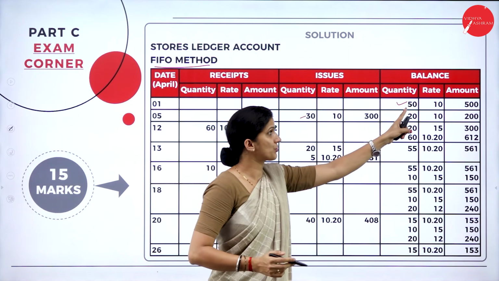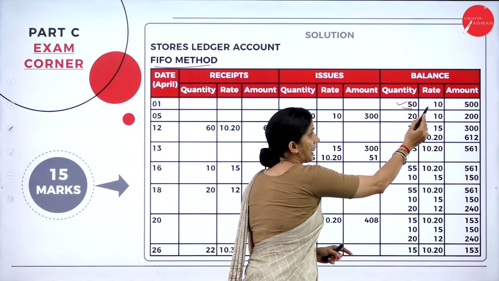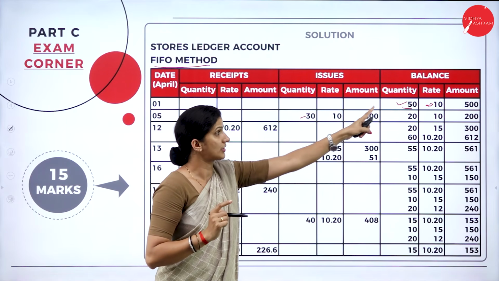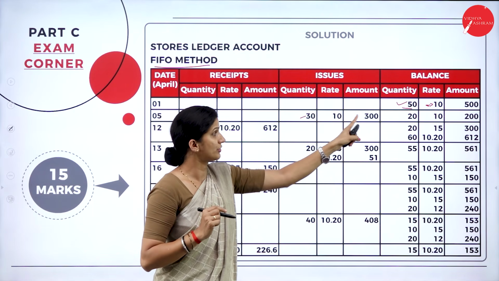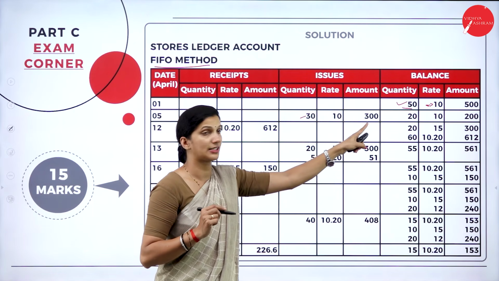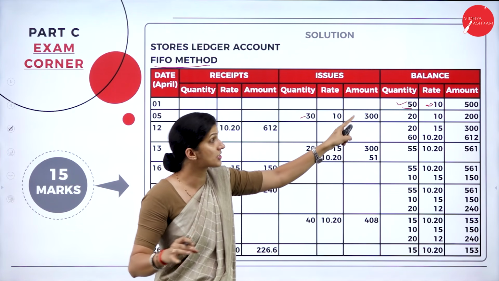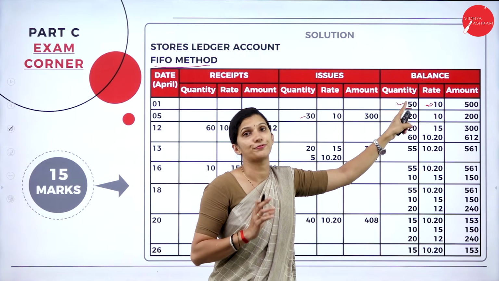If you are using this lot, the same rate you have to take, that is 10. So the amount 30 into 10, it is 300. So on 5th you have issued 30 tons from the previous balance of 50 tons.